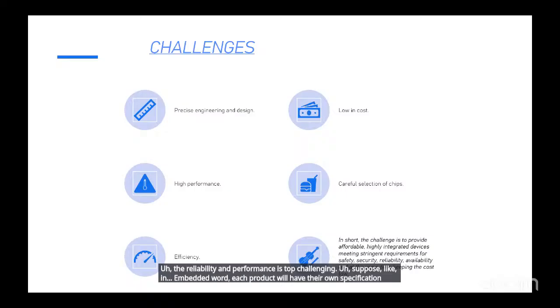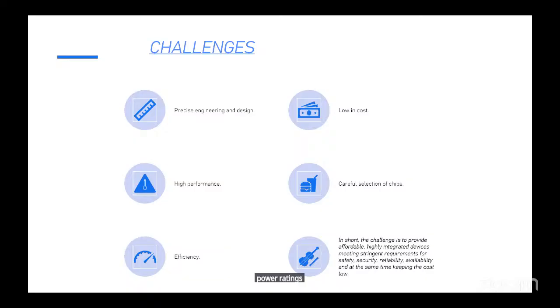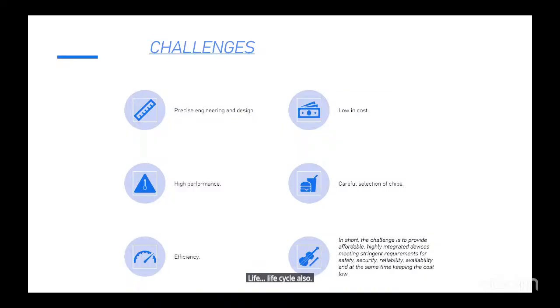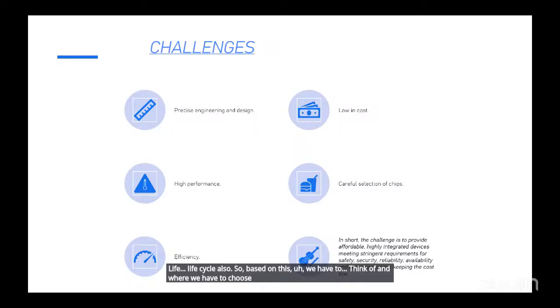That product will survive to a certain voltage, can survive certain power ratings and certain temperatures, and every component will have its own life cycle also. Based on this, we have to choose the products and components to give high performance.